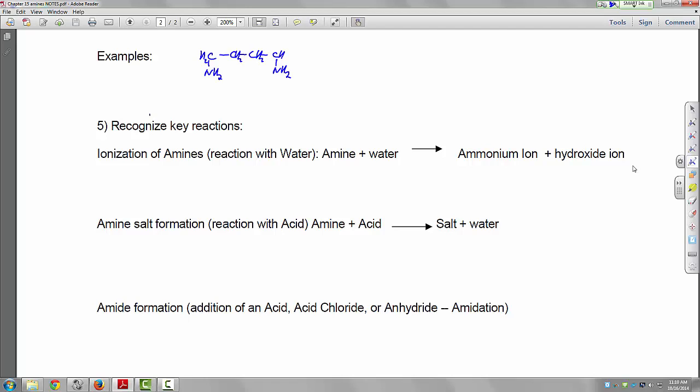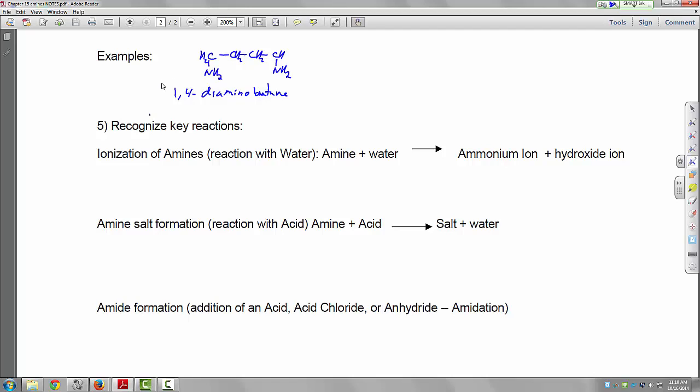Okay, this would be 1,4-diaminobutane. This would be the IUPAC way of naming it, because the amines are treated as substituents. So 2 amine groups, so it's diamino, here on carbons 1 and 4.